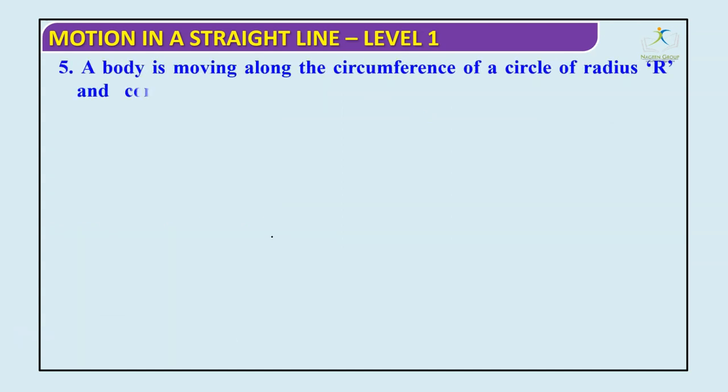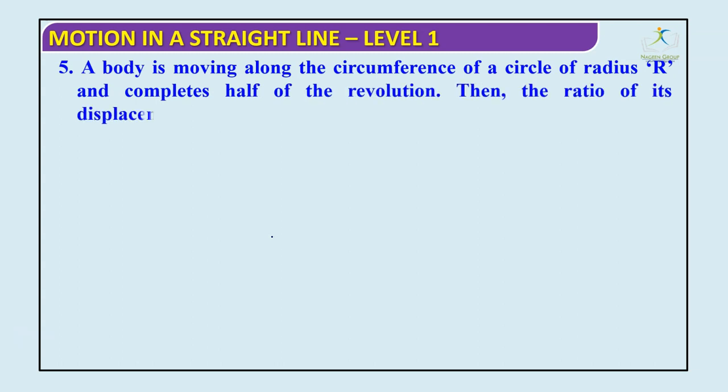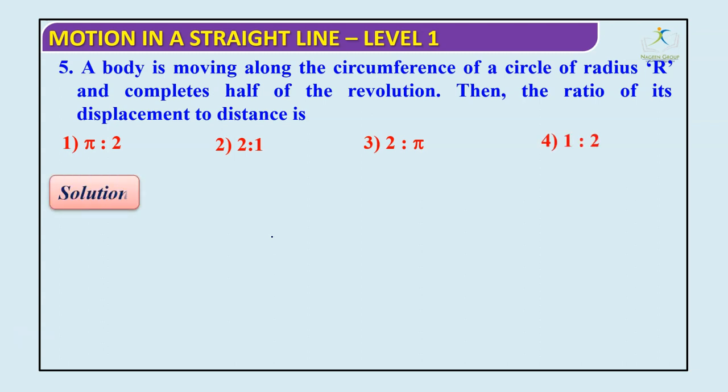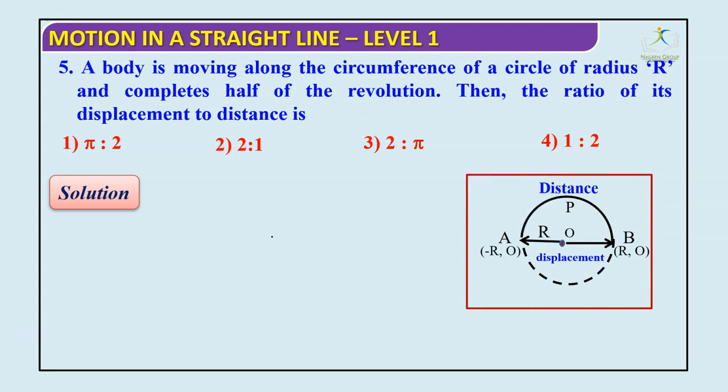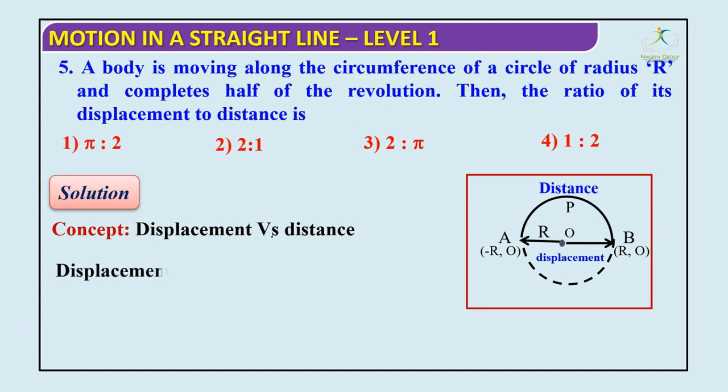Next question is, a body is moving along the circumference of a circle of radius R and completes half of the revolution. Then the ratio of its displacement to distance is pi by 2, 2 ratio 1, 2 ratio pi, or 1 ratio 2. Solution. This is the given diagram from point A to point B. The concept we apply here is displacement and distance. The displacement is AOB and the distance will be APB.